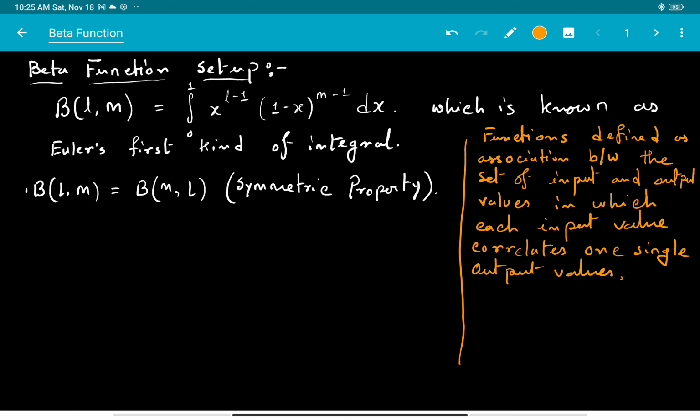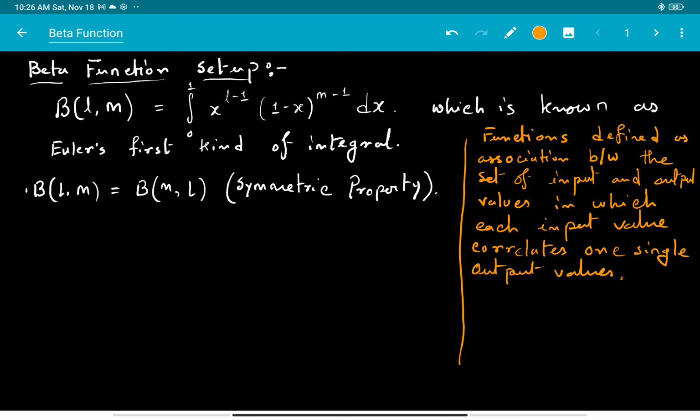This is the main concept, the idea of defining a function. The domain, range or codomain of functions depends on its type. As I am trying to make you understand what beta functions do, let us first see the symmetric property.